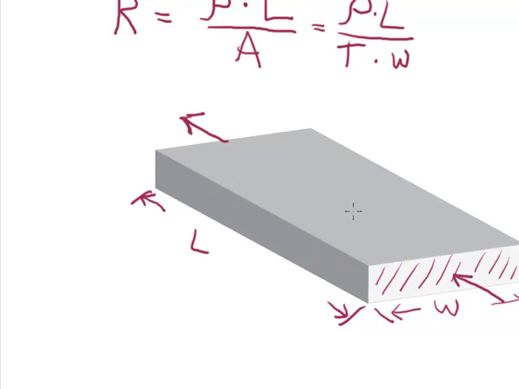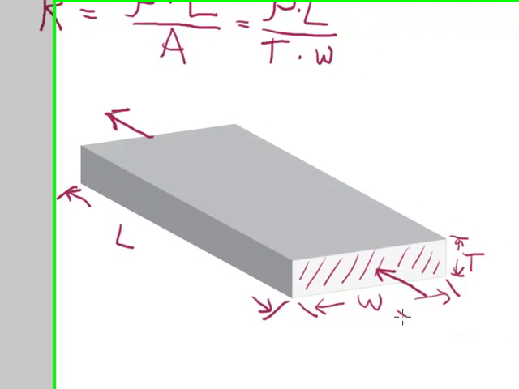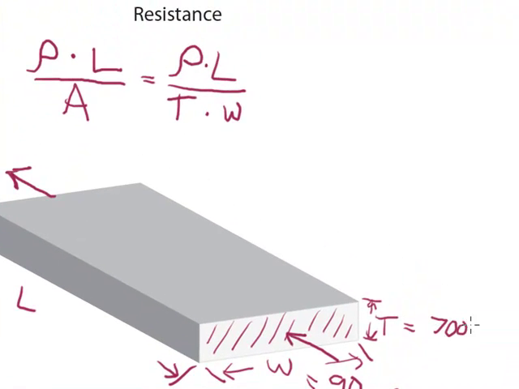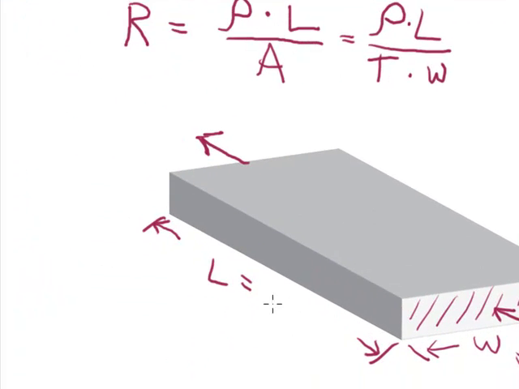Then I want to look at an example here. Let's say a common feature size for an electronic device these days is maybe 90 nanometers. Typical thickness might be 7,000 angstroms, and let's say that the length of this feature is 10 micrometers long.